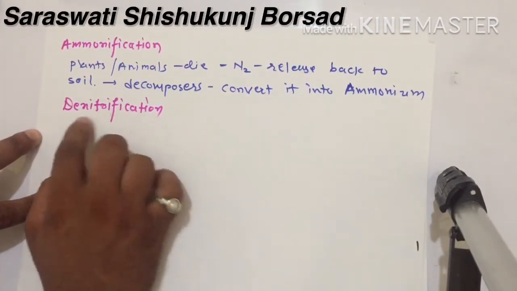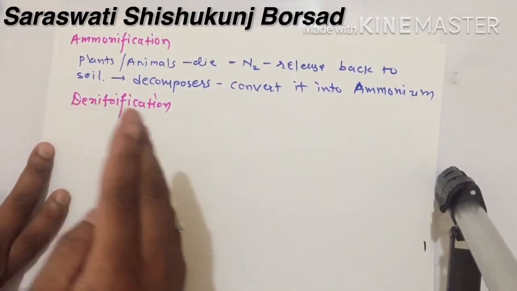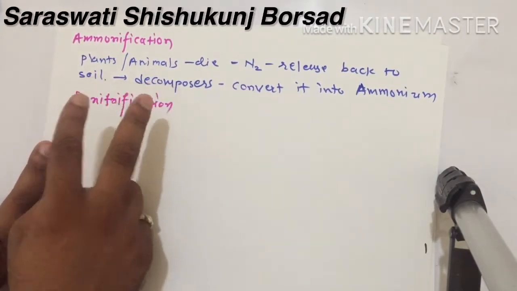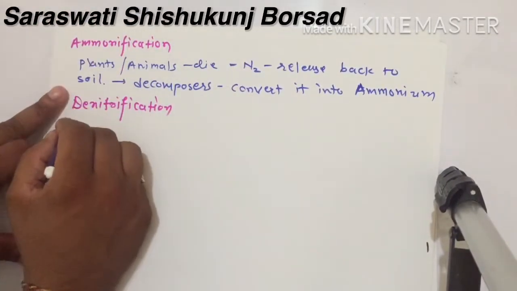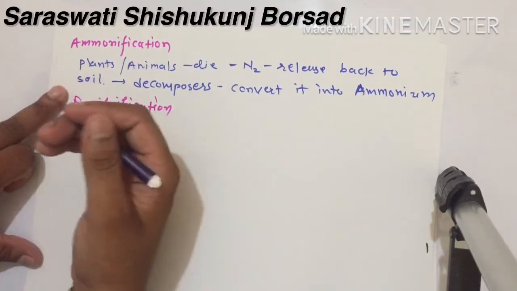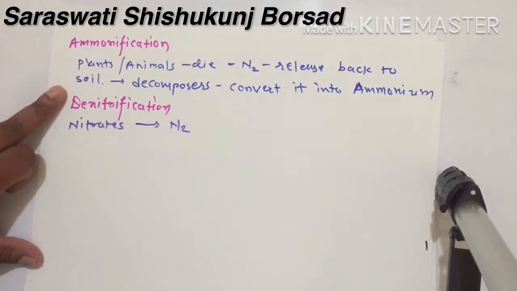In short, nitrification and denitrification. In nitrification, we were converting it into nitrites and nitrates. Here it will be opposite. Here the nitrates and nitrites will get converted into nitrogen, right?